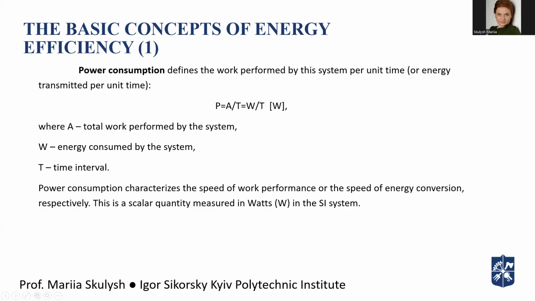You can also see it here, where R is the total work performance by the system, divided by the energy consumed by the system. So how much energy was used in the time period.